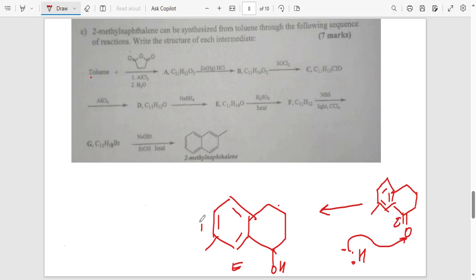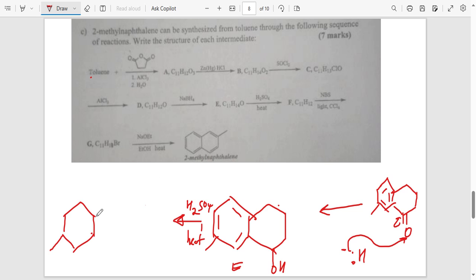Then from this one, we are reacting it with what reactant? Sulfuric acid. This one we are familiar with. When you react an alcohol with sulfuric acid and heat, what do you produce? Anyone? Yes, you form an alkene.